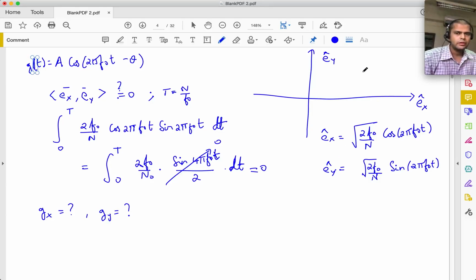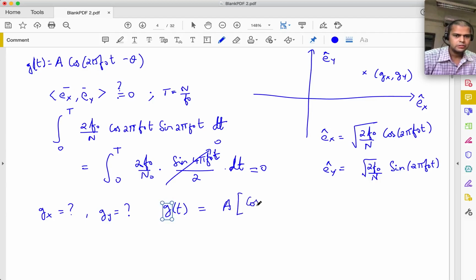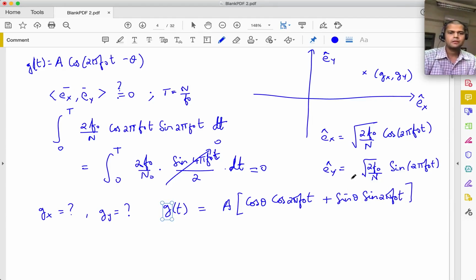So the coordinates that I want to get over here, right? What is the x coordinate and y coordinate of this particular signal when I draw it as a point in this vector space? So g of t is nothing but a times cos theta cos 2 pi f0 t plus sin theta sin 2 pi f0 t, right?